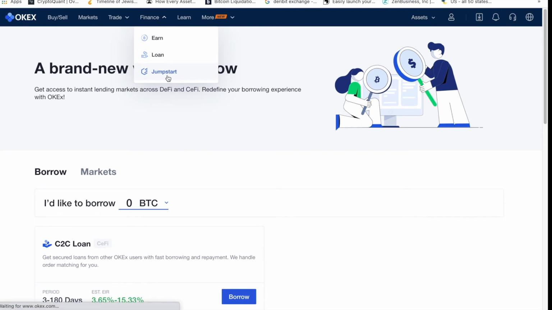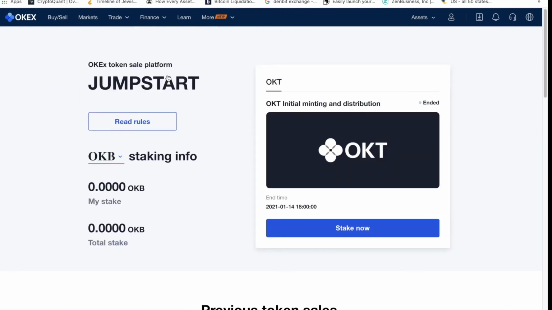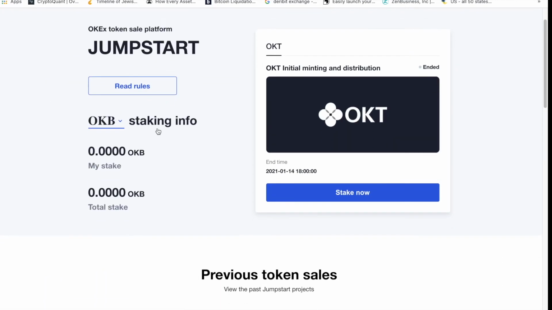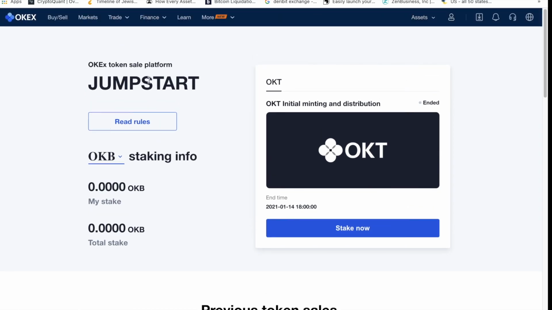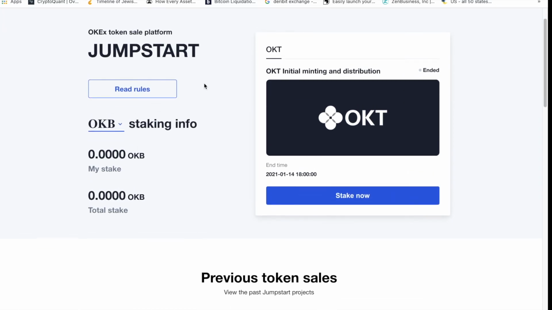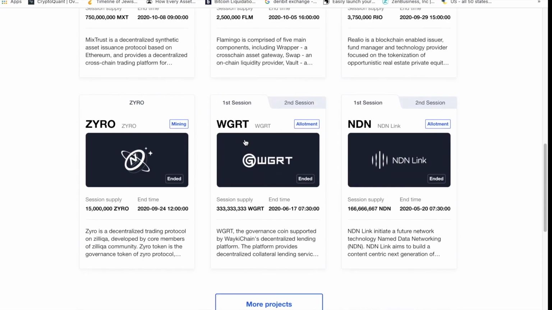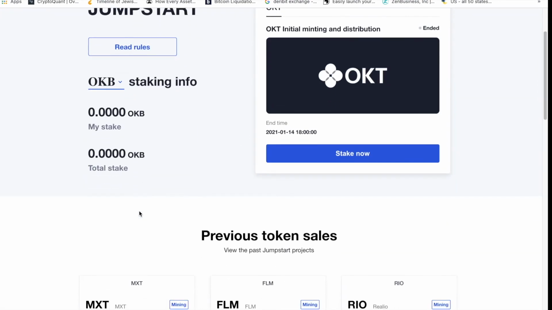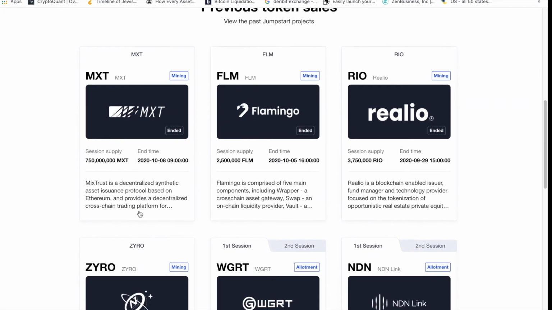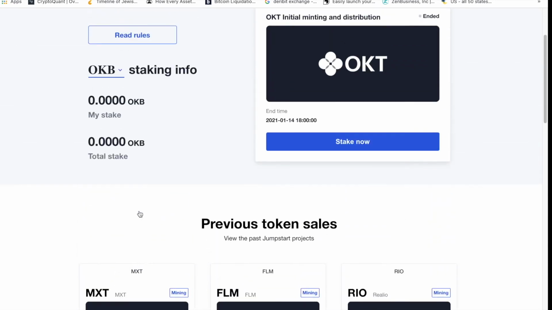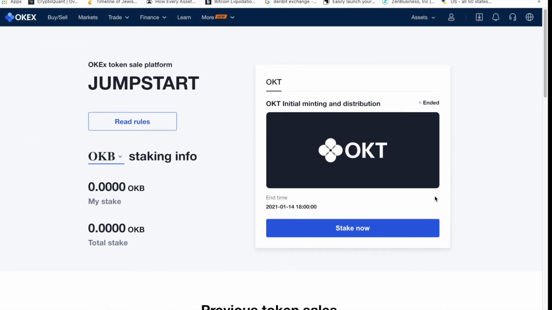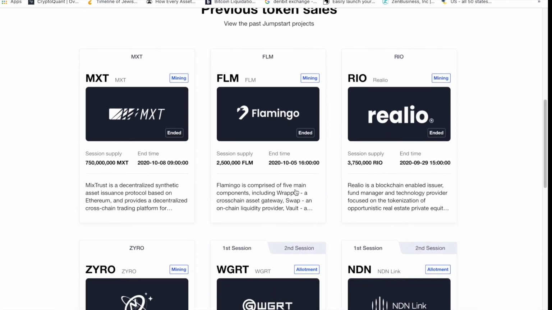And then you have something called Jumpstart. So let's see what a Jumpstart is. You have the ability to stake and sell on the platform. This is basically the ability for you guys to invest in different blockchains or different cryptocurrencies that are raising capital, raising money through the platform. So you'll probably be one of the early investors. This is similar to what we see with Binance.